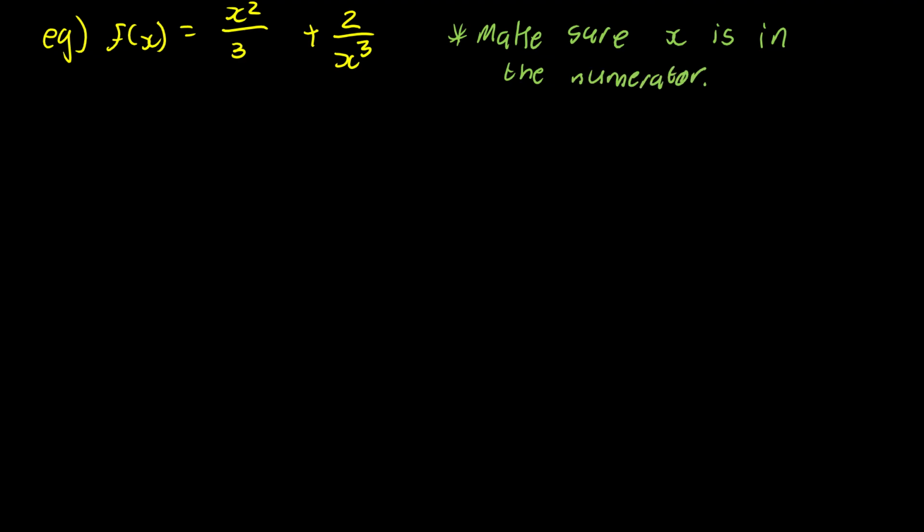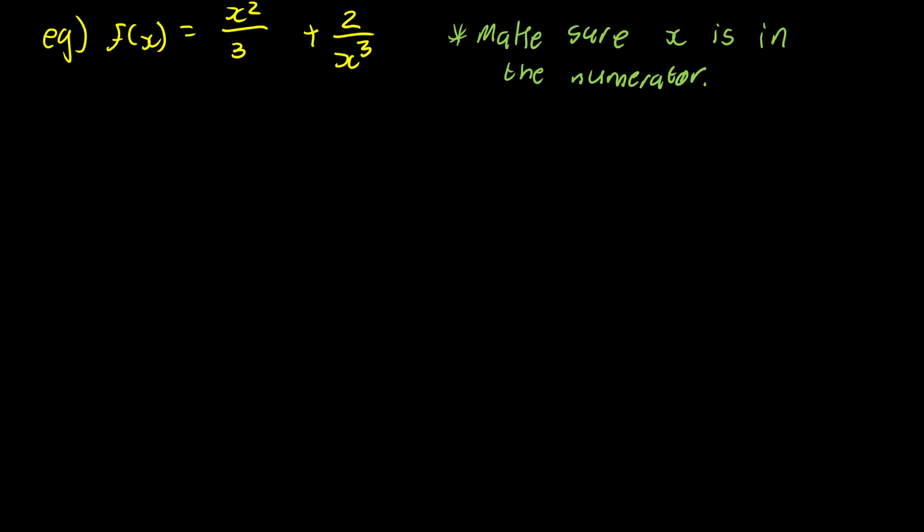The only reason I give this suggestion is because to find the derivatives of fractions, especially when x is in the denominator, you are going to require more rules. That just ends up making it more things for you to remember, and it makes it more complex.